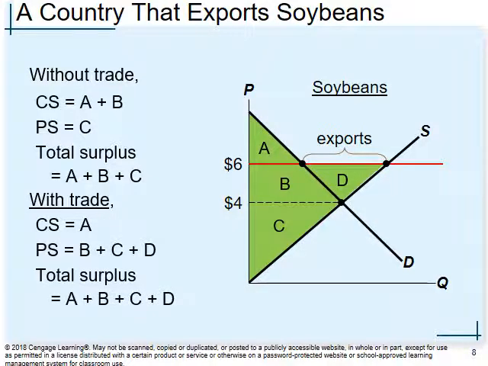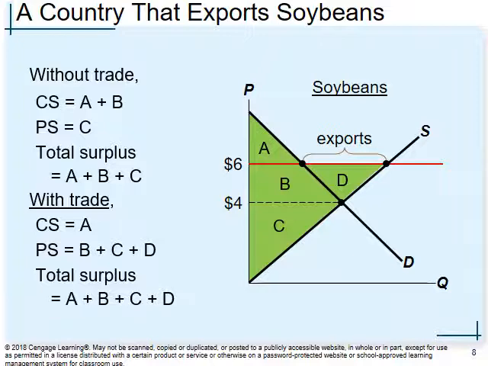So now let's compare the whole situation. If we consider the total surplus, what we can see is that the total surplus is increased by the area D. So this export has increased the total surplus by the area D, and that's one difference between when there is no trade and when there is trade taking place. So the total surplus after the trade is greater than the total surplus before the trade.